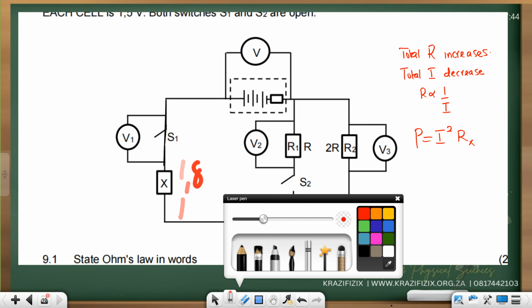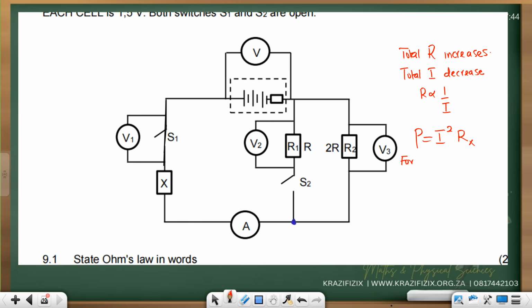So, for me to answer this, this is the way you please answer it like this. For the same resistance, an increase in current increases power.